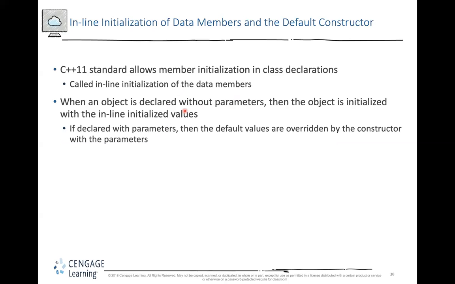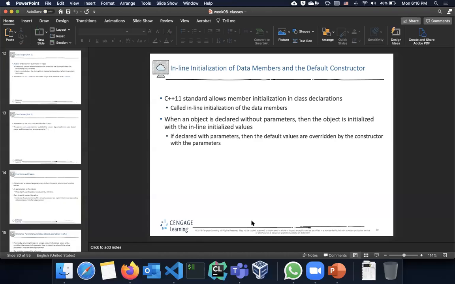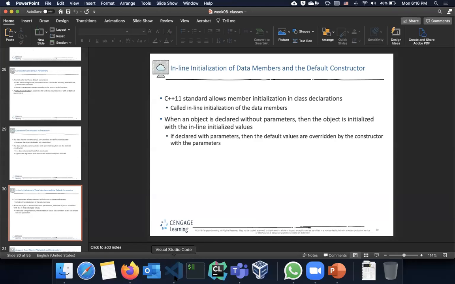And then this is member initialization in class declarations. We're going to see an example in a bit. Essentially, within the constructor, you can initialize your member variables with the initialization list. Let me show you a little bit of code.